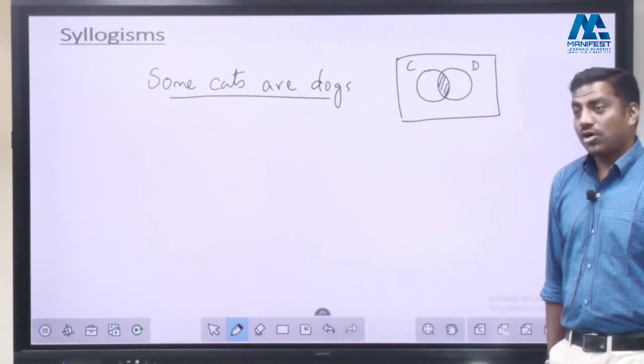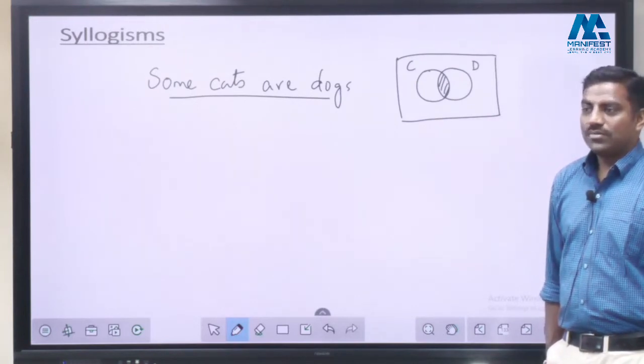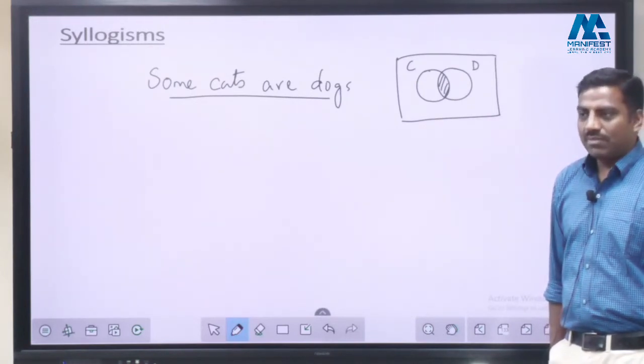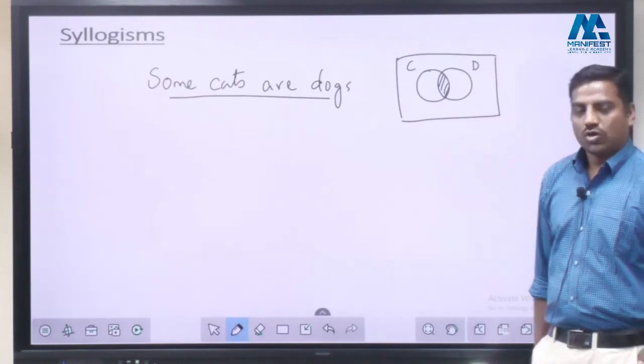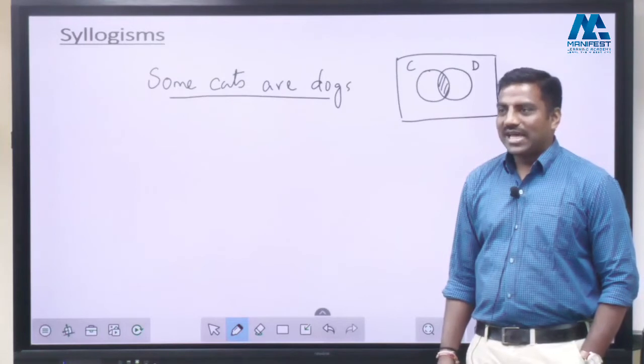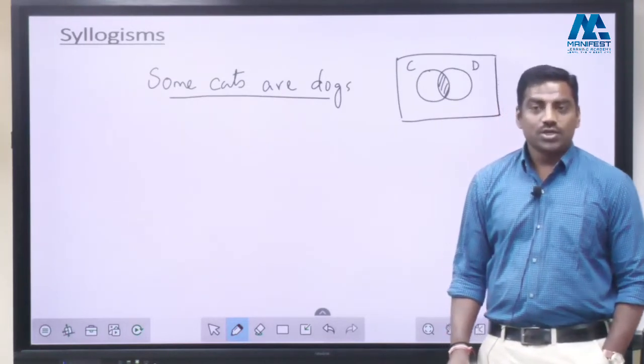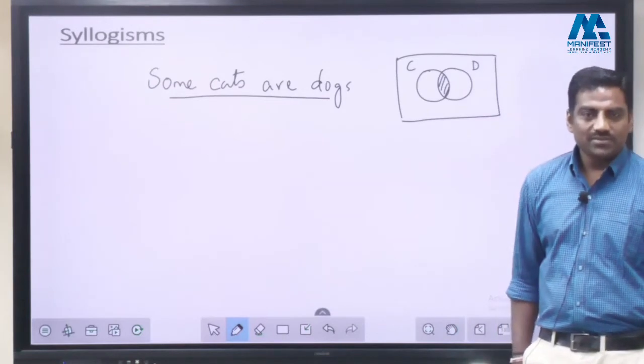All cats are dogs? No dog is a cat? Tell me whether my statement is right or wrong. Wrong. No cat is a dog? Is it a right statement? No.